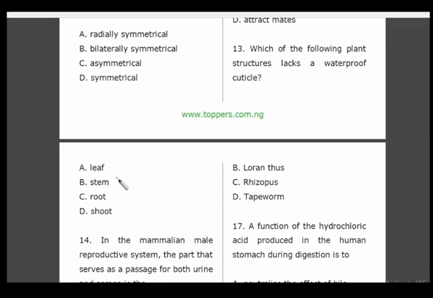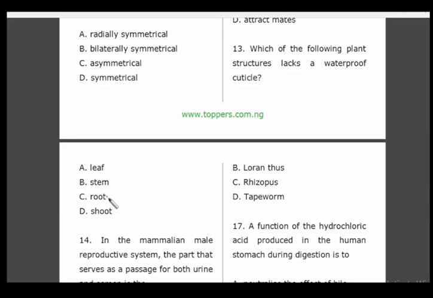So we have the leaf, the stem, as well as the shoot having waterproof cuticles. They do not permit water to enter into the body of the organism. It is only the root here that does not have a waterproof cuticle.